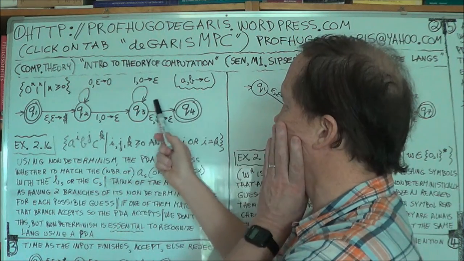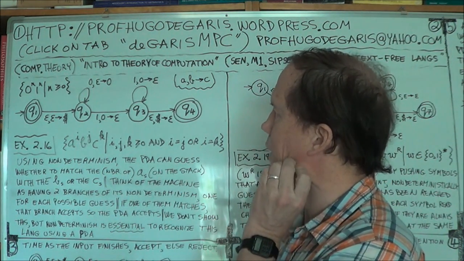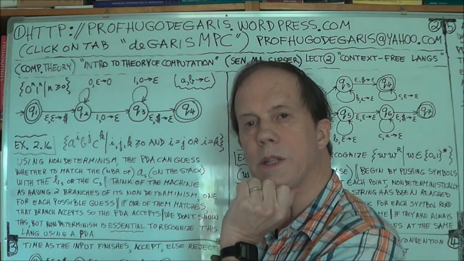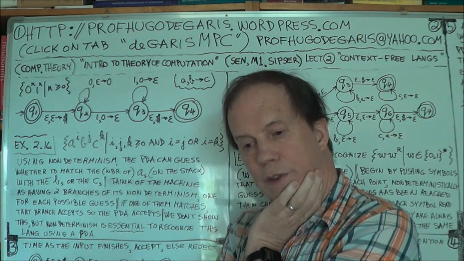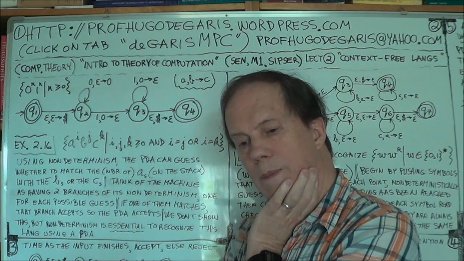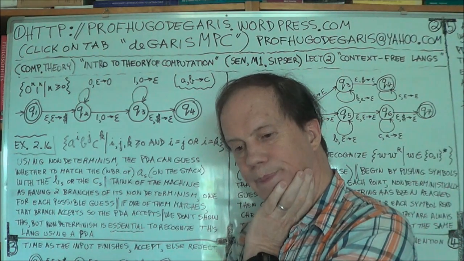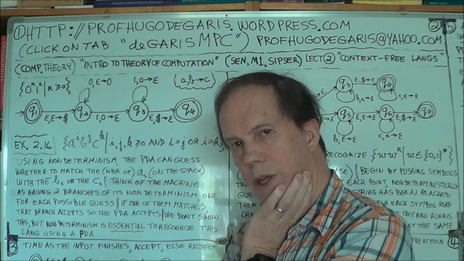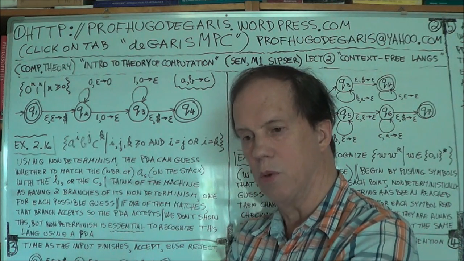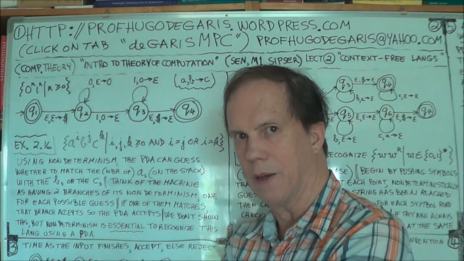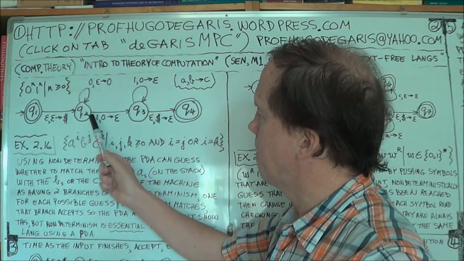Well, I'm getting ahead of myself a little bit, but anyway, you need this third state to indicate that now you've found your first 1, and now you're checking that each time you read a 1 on the input string, you will pop a 0 on the stack. Okay. All right.